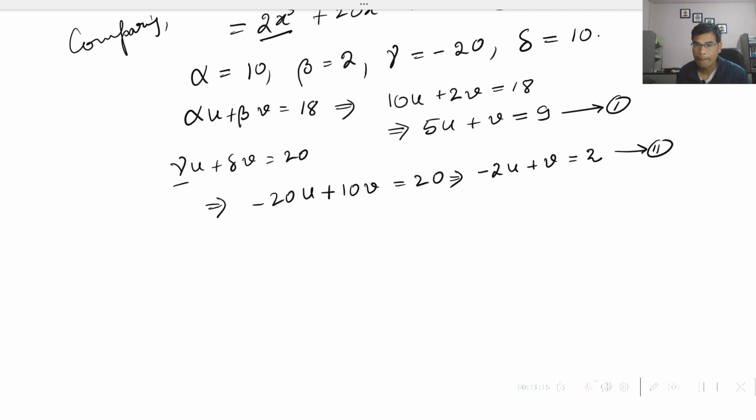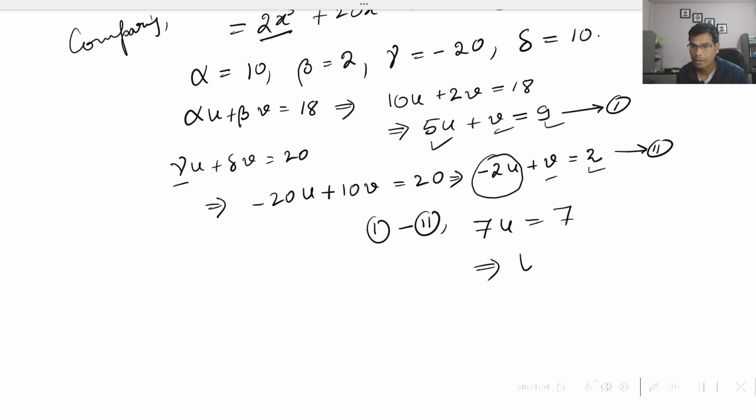Now we solve this. So we subtract equation 1 by equation 2. So 5u subtract minus 2u, minus of minus will be plus, so 7u. Then 9 minus 2 is 7, which implies u is equal to 1. So substitute the value of u in one of these equations, say putting u in 1.